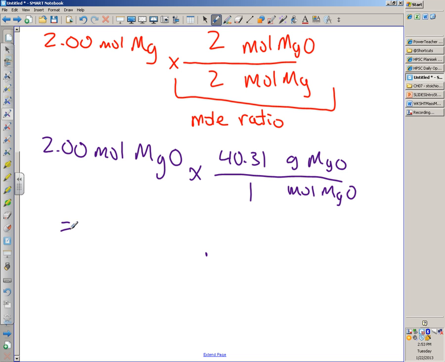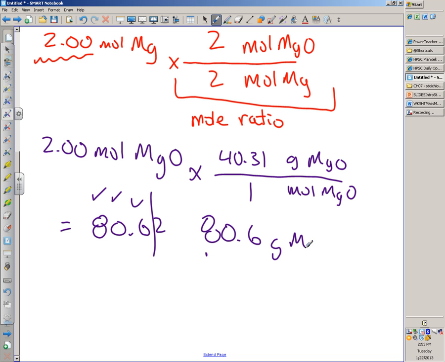Then you run that through your calculator, you get 80.62. Is that your final answer? No. In this original measurement, how many significant digits in 2.00? 3. Is that 0 significant? Yes, why? Sandwiched, right? And then this is significant, chop it off there. 80.6 grams of magnesium oxide.